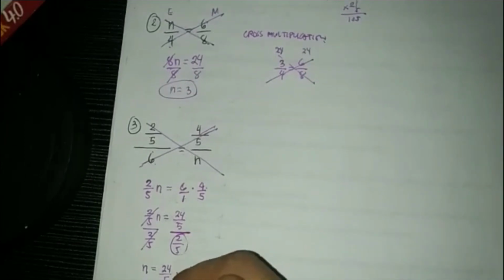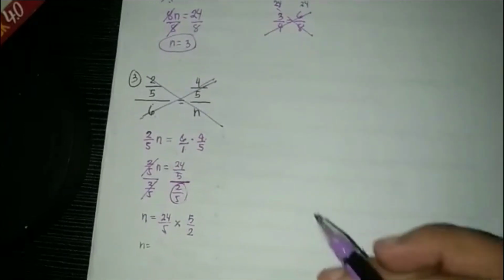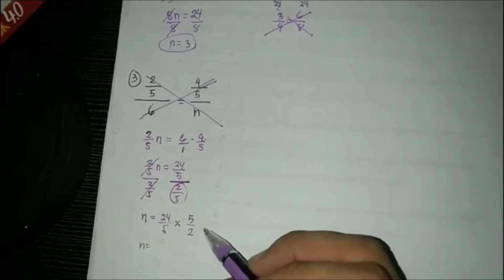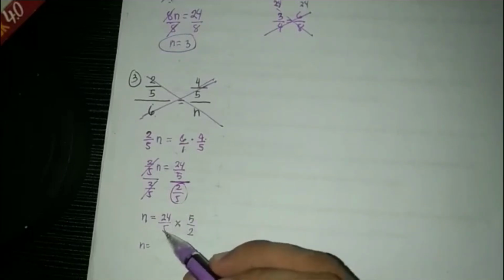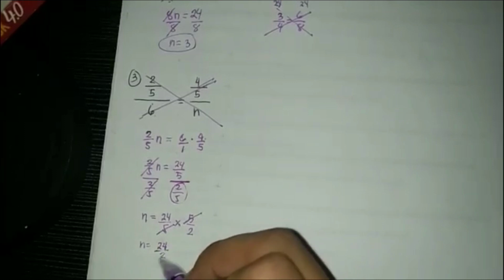So n is equals to yan. So, sa multiplication of fraction, pag may nakita tayong magkaparehas na factor or number sa numerator at denominator, pwede na natin yan i-cancel. So, cancel, cancel. Okay, so 24, yung natira, 24 over 2. O simply, n is equals to 12.